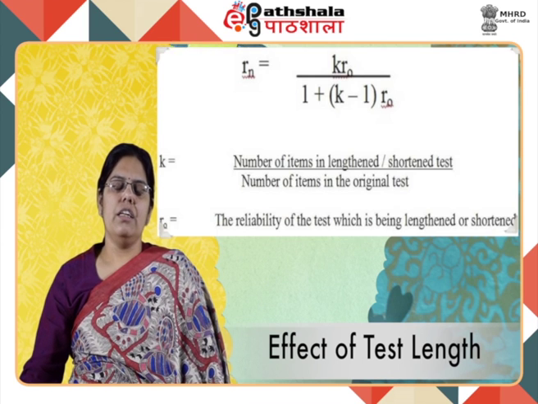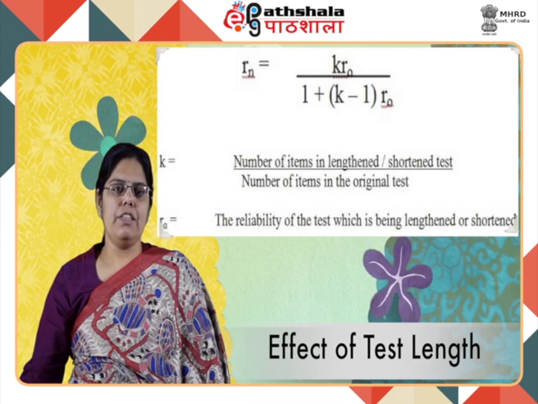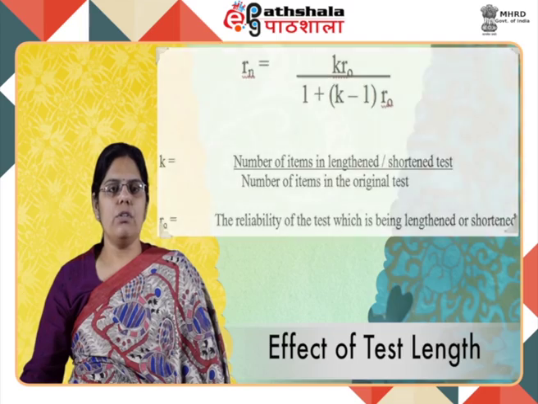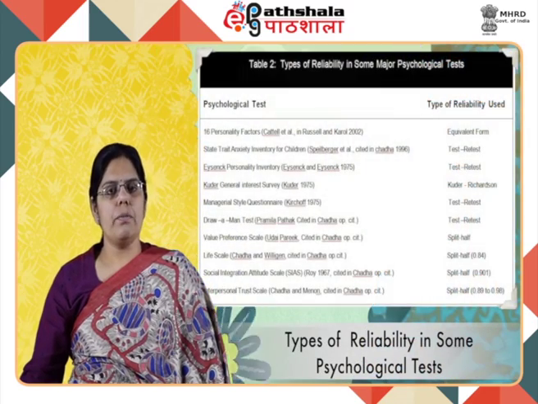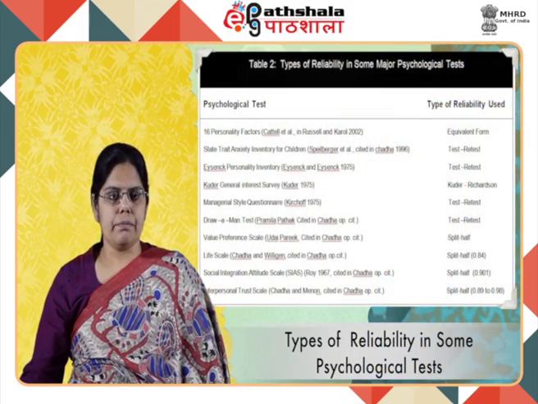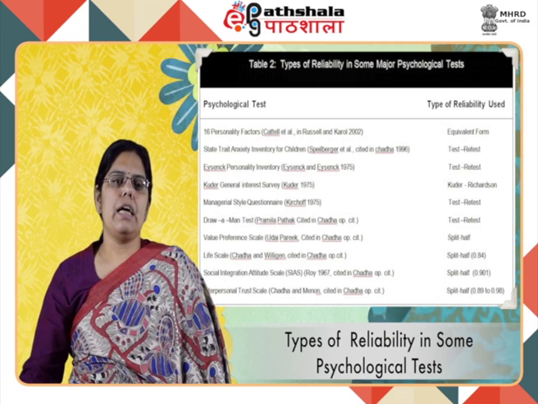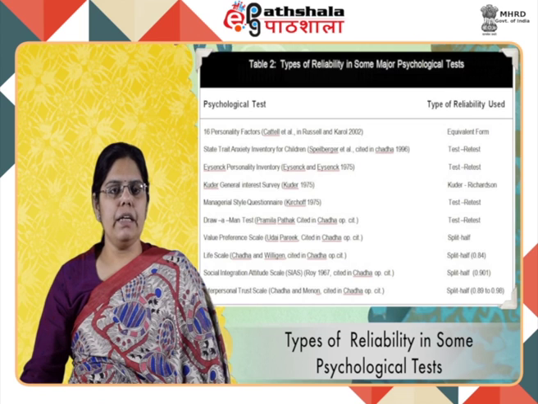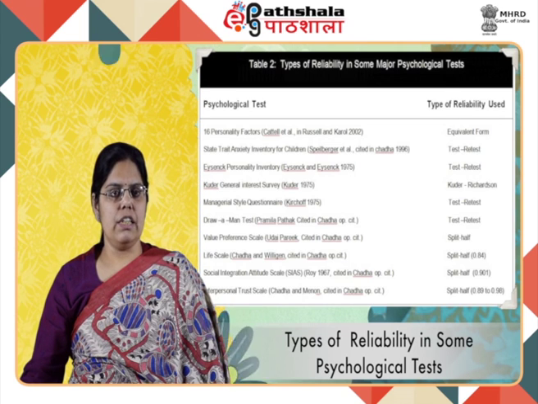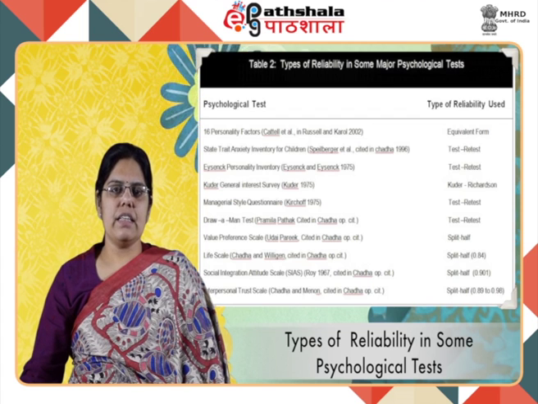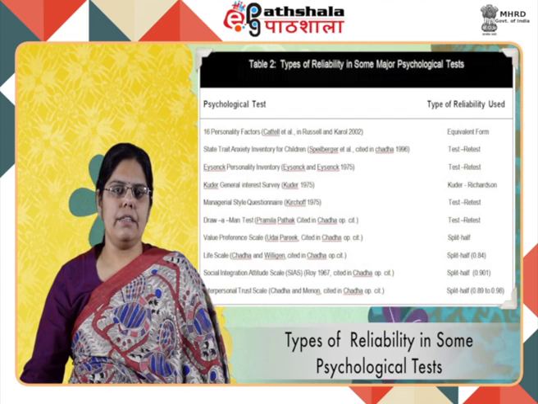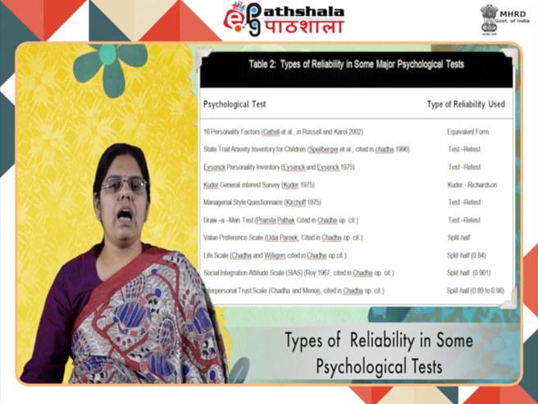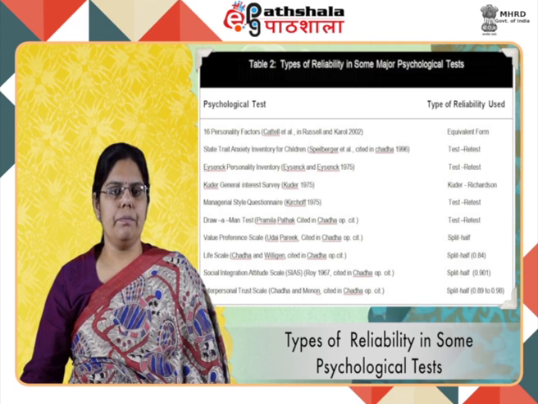After considering the factors which affect the reliability of the test, we will now look upon the reliability of some common psychological tests. Different types of measures of test reliability are used depending upon the nature of the psychological test in question. In general, if the test contains homogeneous items, the internal consistency reliability measures are computed for analysis.